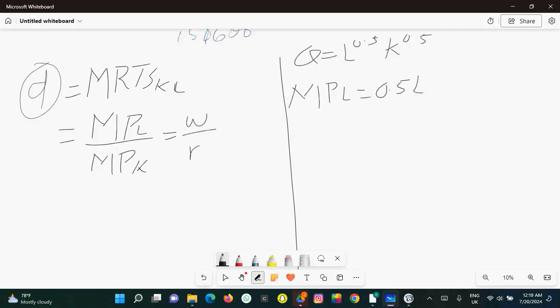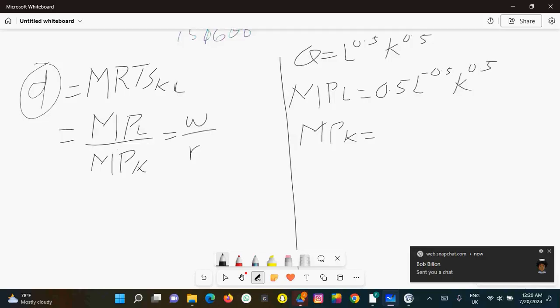So now left is negative 0.5 at the top, then K to the 0.5. Right. Then now we also look for our marginal product of capital in this production function.